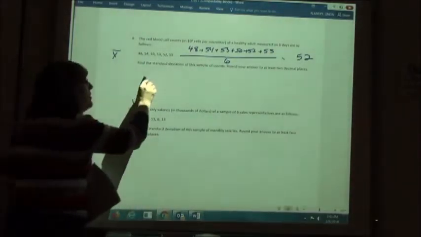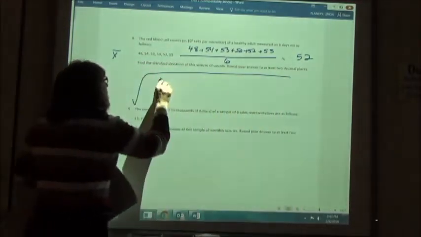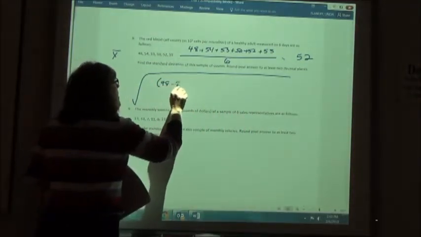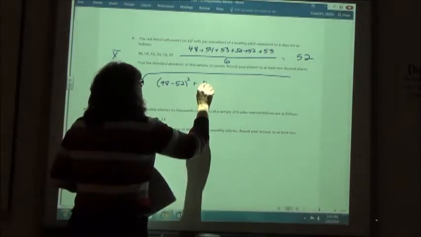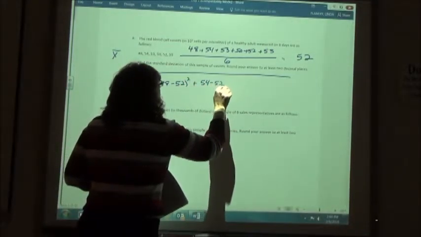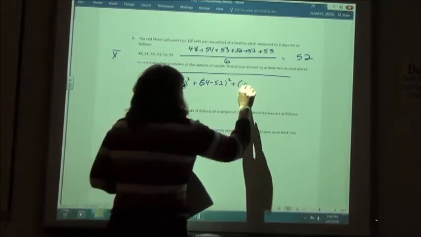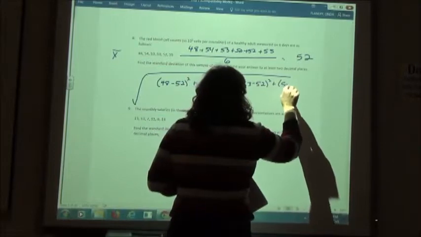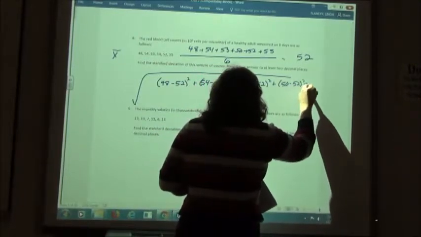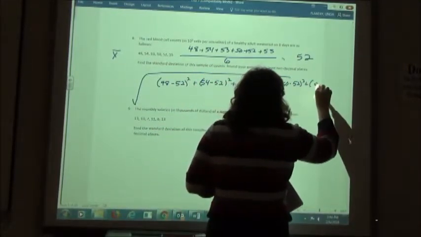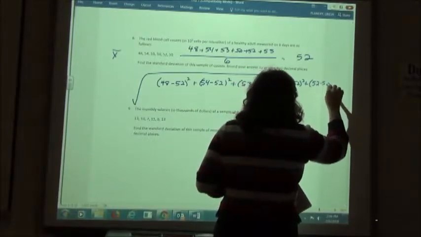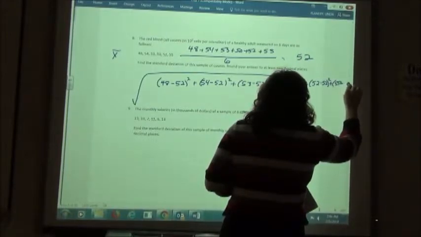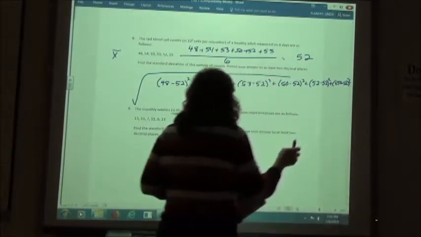Putting that into the formula for standard deviation, calculating just the top part with the parentheses, we're going to do 48 minus 52 squared plus 54 minus 52 squared plus 53 minus 52 squared plus 50 minus 52 squared plus 52 minus 52 squared plus 55 minus 52 squared.